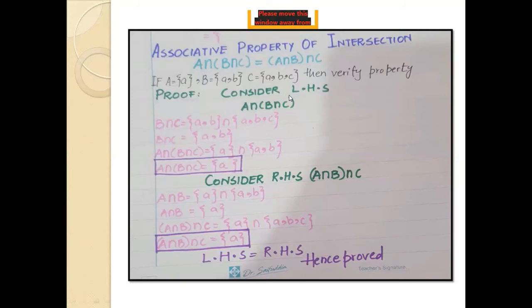Again same step, consider the left hand side, which is A intersection (B intersection C).